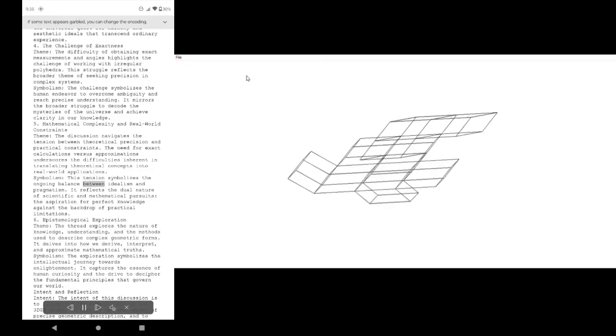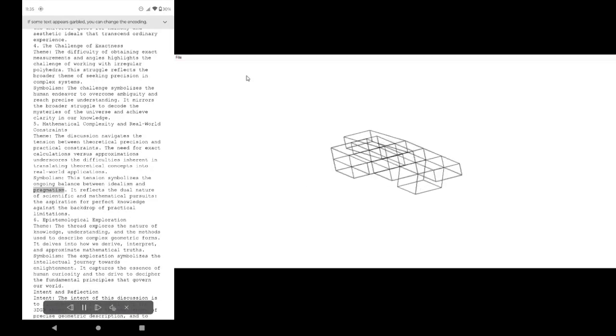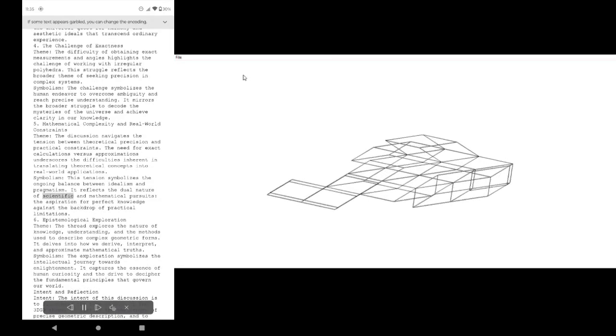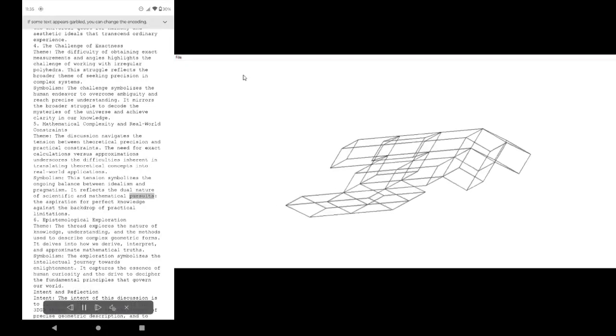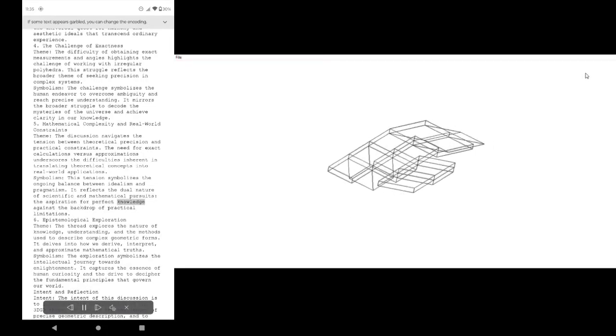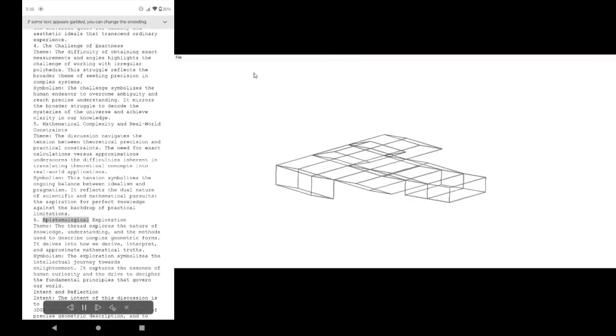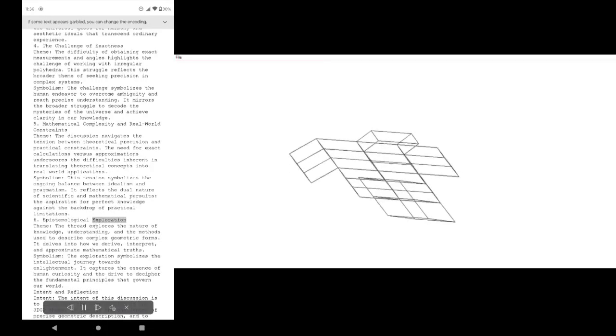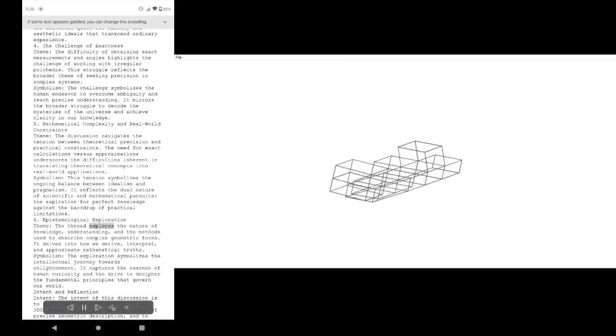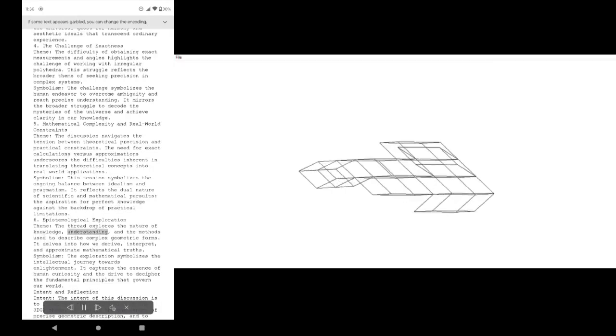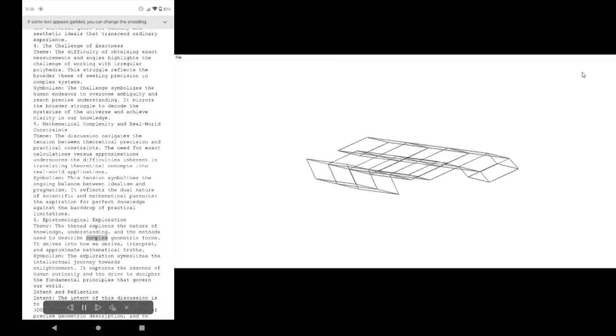Symbolism: this tension symbolizes the ongoing balance between idealism and pragmatism. It reflects the dual nature of scientific and mathematical pursuits, the aspiration for perfect knowledge against the backdrop of practical limitations.